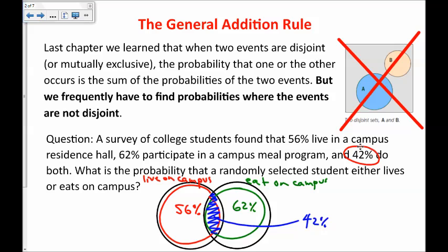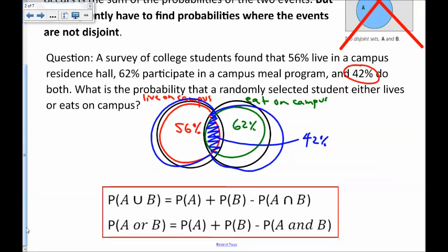So the way that you find the probability that a randomly selected student either lives on campus or eats on campus, I'd have to deal with this formula, where I look at the probability of one plus the probability of the other minus the intersection, meaning the part they have in common, because that has been double counted.